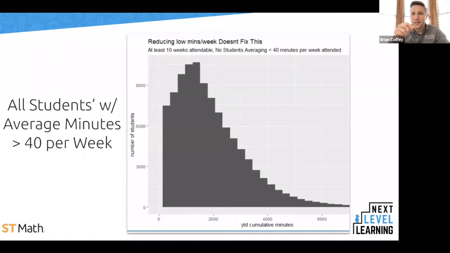So what this tells us is reducing low minutes per week doesn't fix the problem necessarily. Even if we have students who are greater than 40 minutes per week, it doesn't mean that's going to be a lot of time, because it's not necessarily about just how many minutes a week they're on.